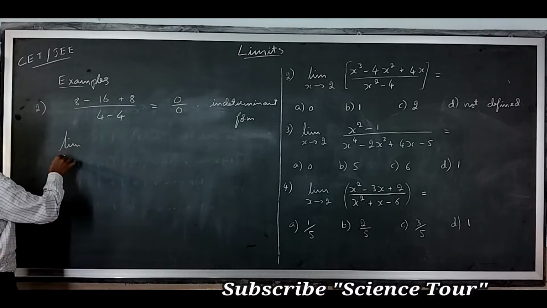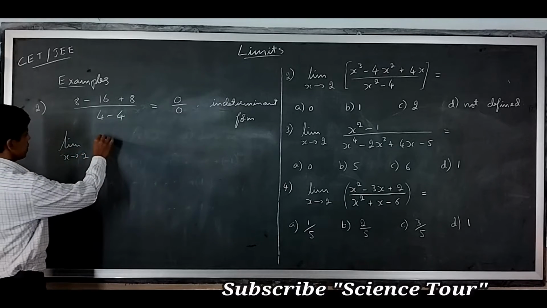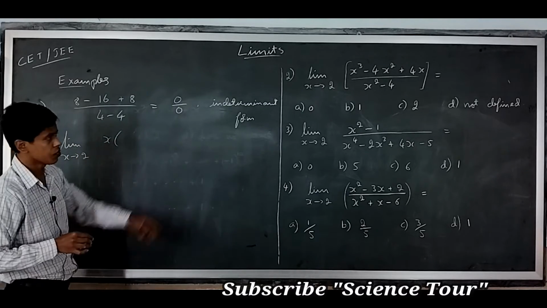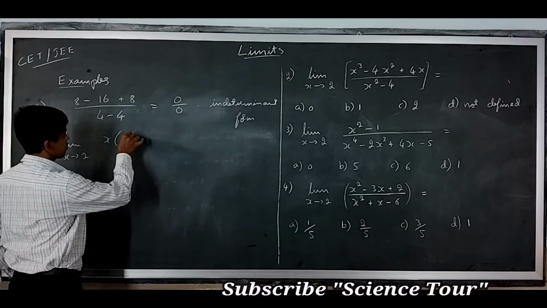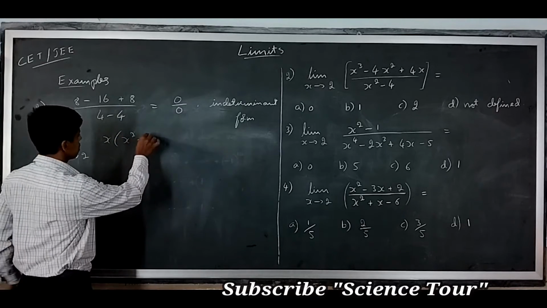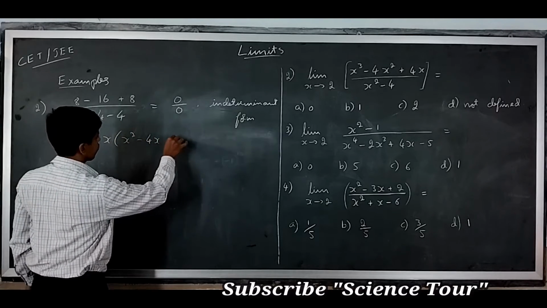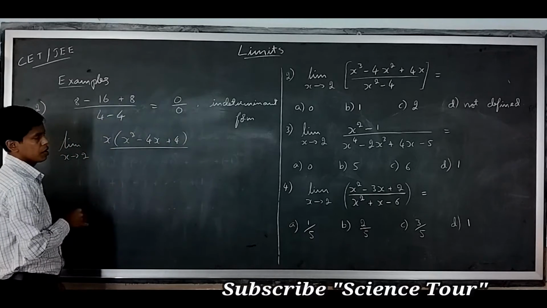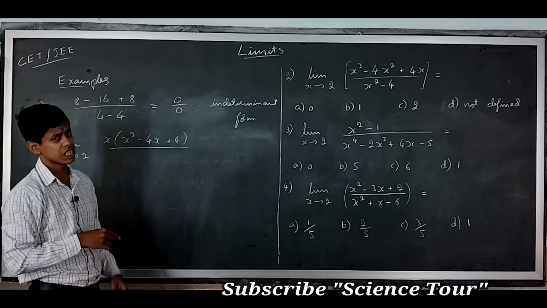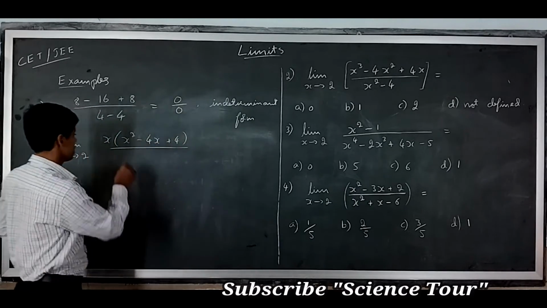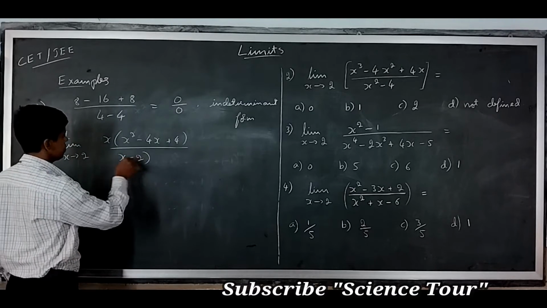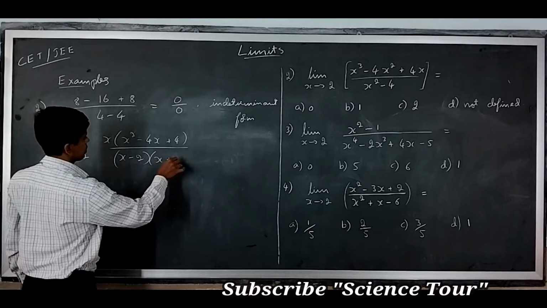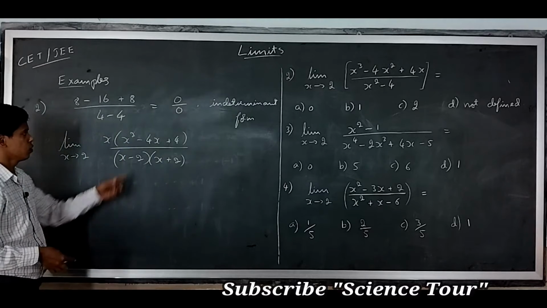So let us consider the given expression, given limit. I'll take x common straight away. So you will be left with x square minus 4x plus 4 divided by x square minus 4, that is a square minus b square, which can be written as a minus b into a plus b. And what about this?